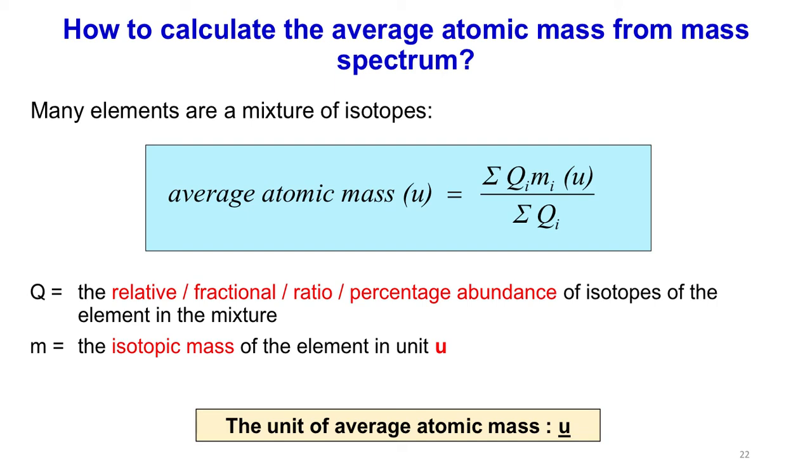How to calculate average atomic mass? The mass of each isotope is multiplied with its abundance, either given in percentage, fraction, or ratio, divided by the total abundance.